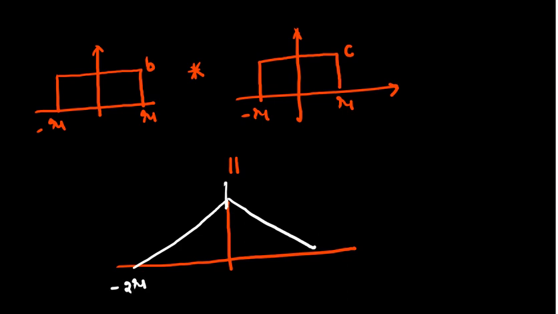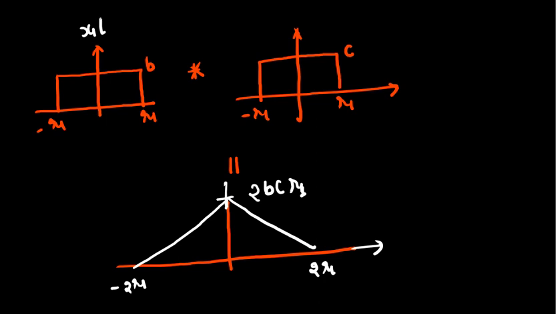The support of this will be from minus 2R1 to 2R1, and this value will be 2BC into R1. You can just evaluate the convolution of these two signals.